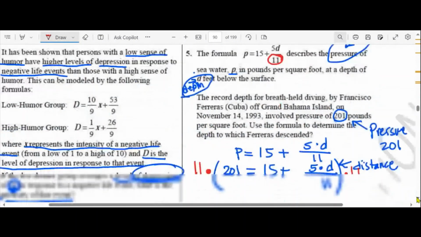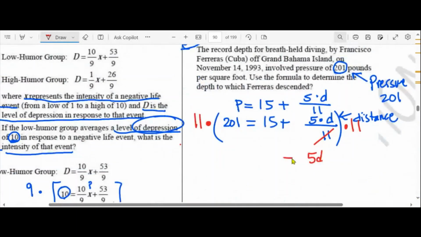So we have to multiply times 11. So what are you going to get? 5D plus 11 times 15. How much? Use the calculator. 11 times 201 is 2,211. And 11 times 15 is 165.